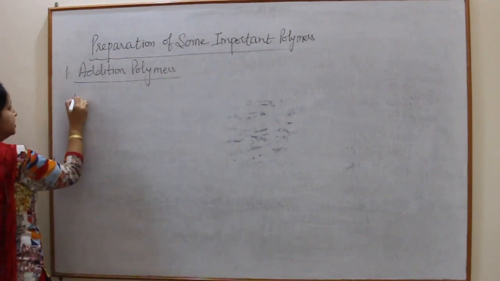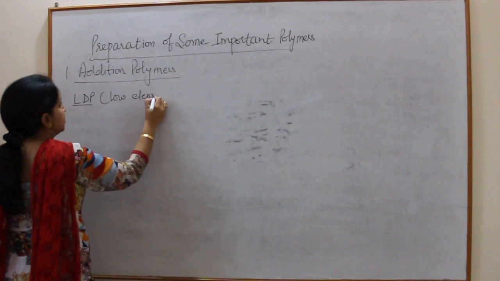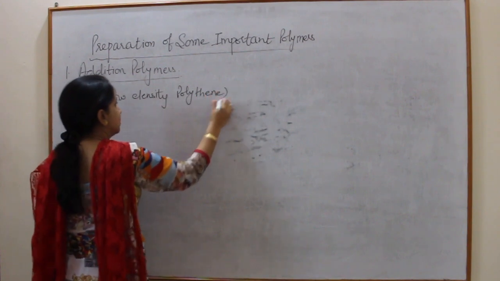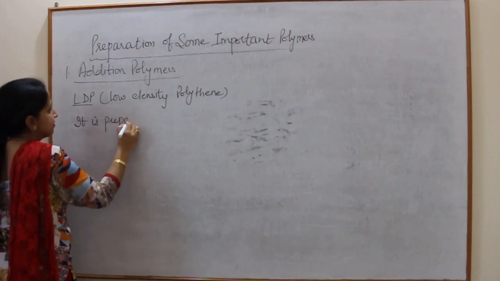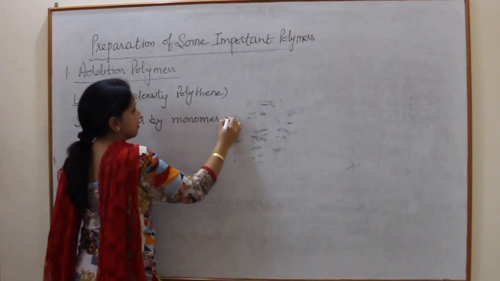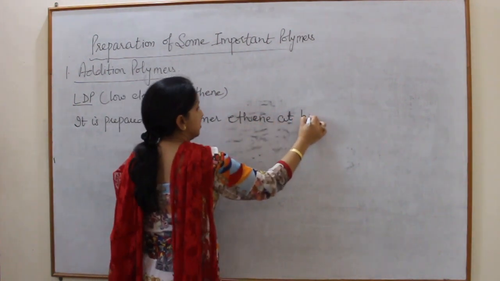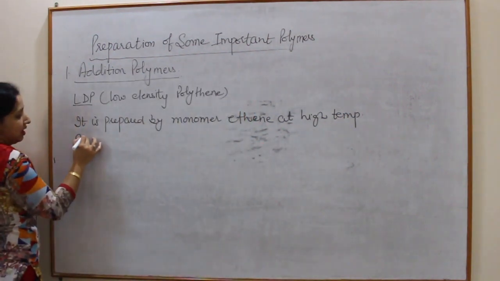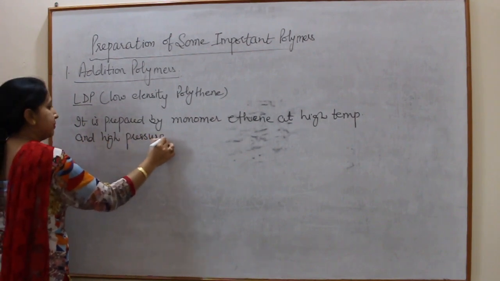Addition polymers, which first example LDP, that means low density polythene. It is prepared by monomer ethene at high temperature and high pressure.